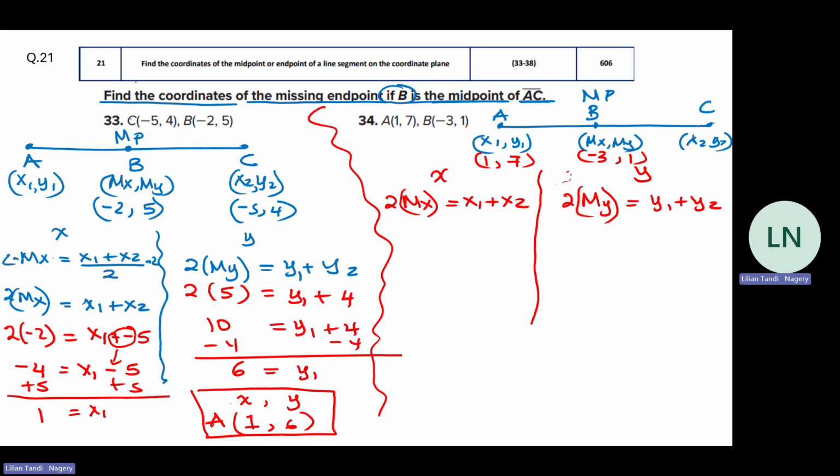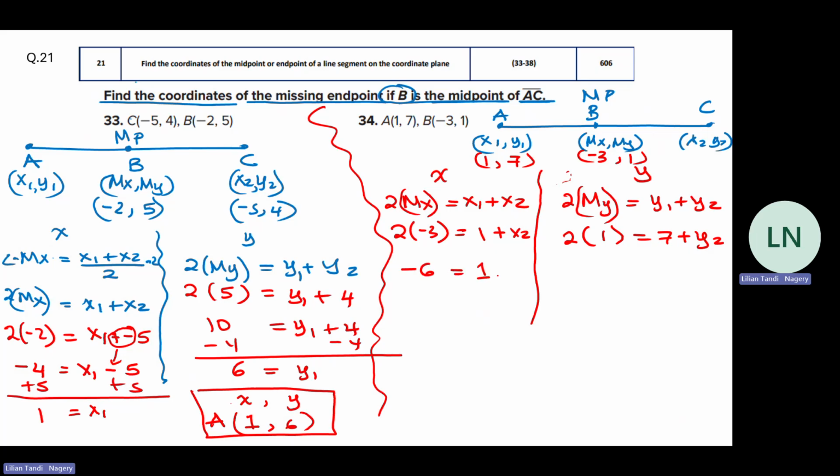No, because I don't have any numbers for C. Now I replace my formula. 2 times -3 equals 1 plus x2. I don't know it. 2 times 1 equals 7 plus y2.